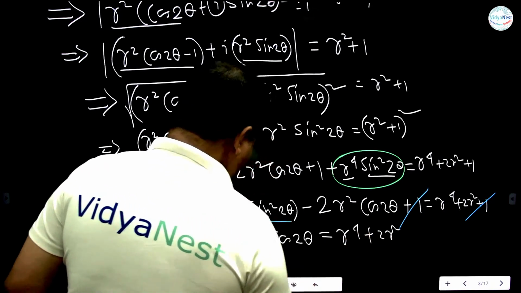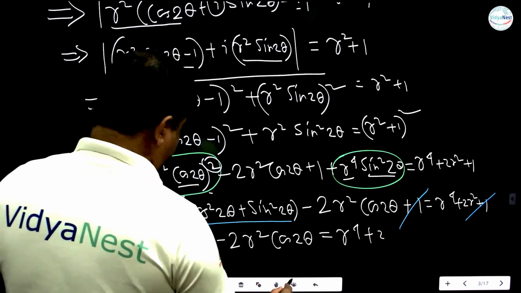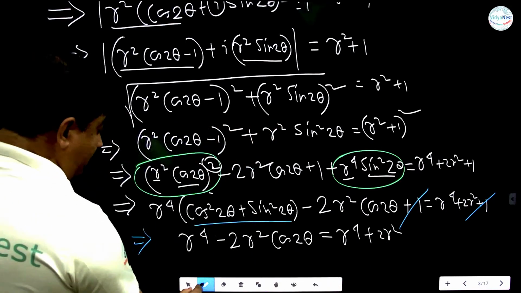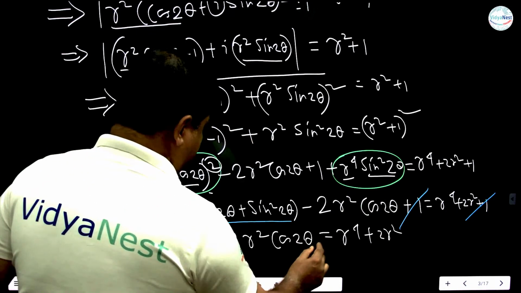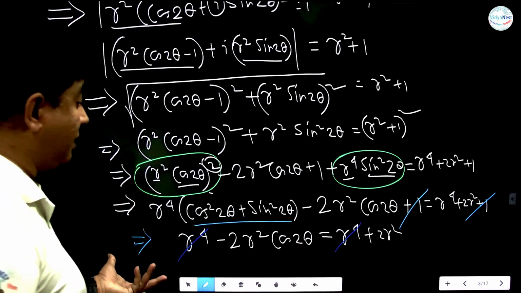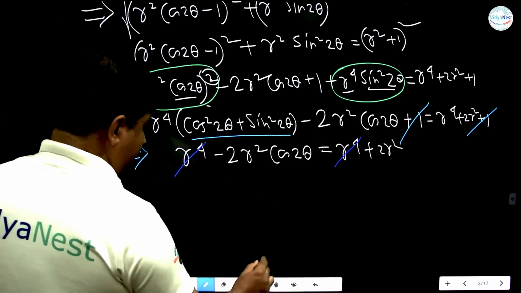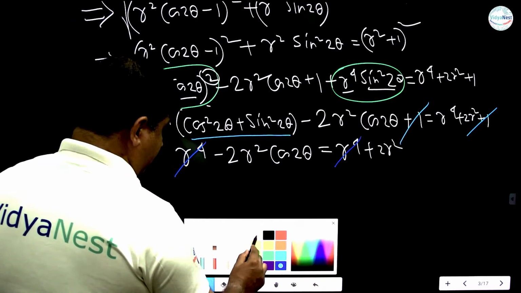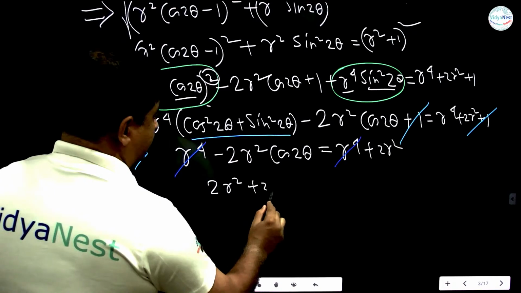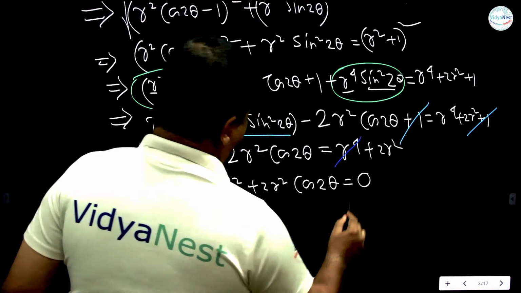From both sides, what can I cancel? Again, r to the power 4. Only what will be left for us? See, 2r square plus 2r square cos 2 theta is equal to 0.